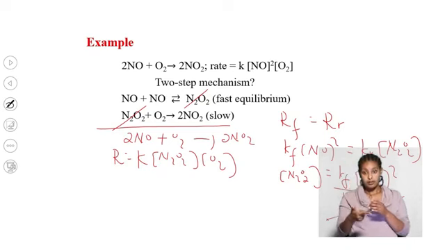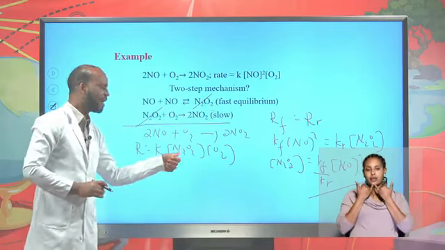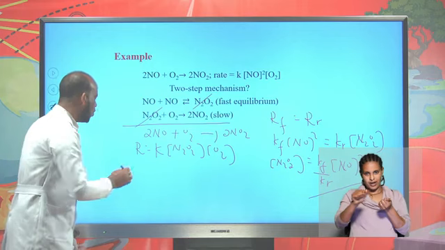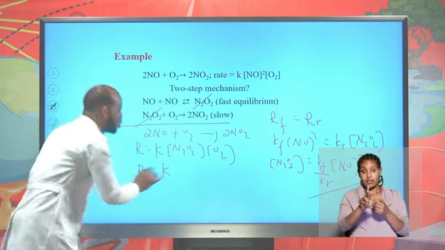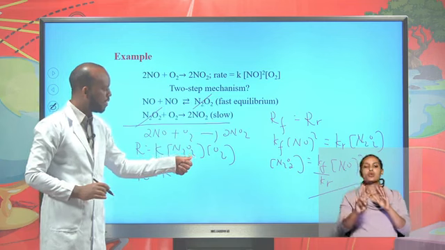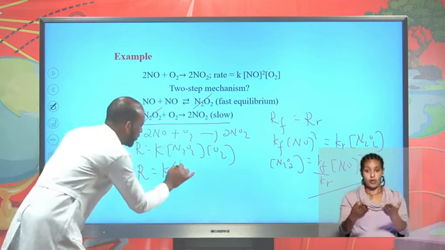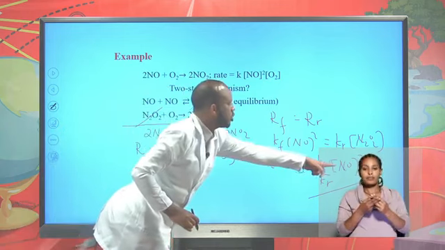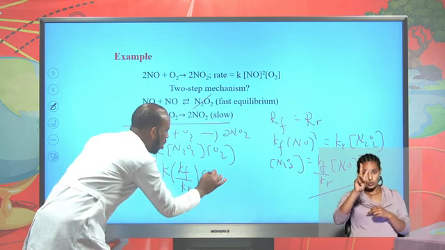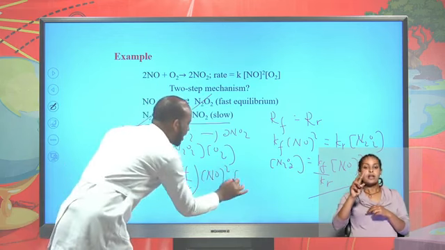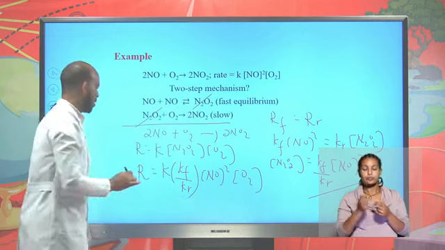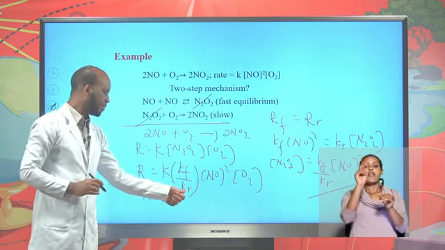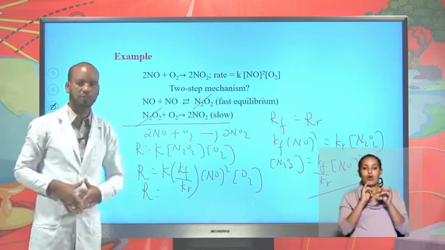As we said, intermediates do not appear in the rate law expression. You have to eliminate it. Now, rate equals k times the concentration of N2O2, which is k forward divided by k reverse times the concentration of NO to the power 2, times the concentration of O2. k is a constant. k forward divided by k reverse, again a constant divided by a constant gives you another constant.